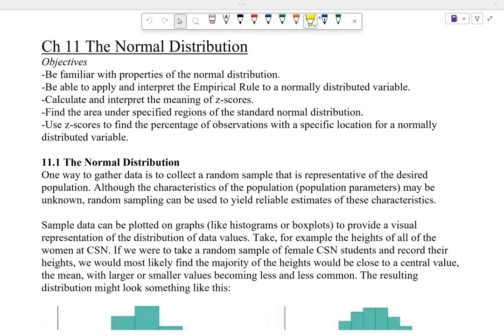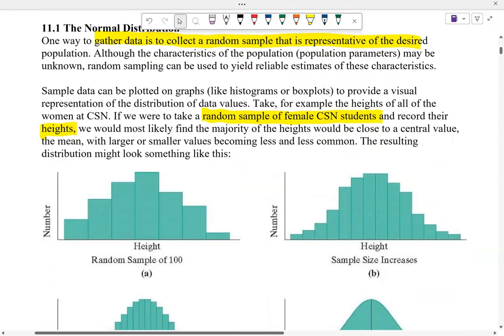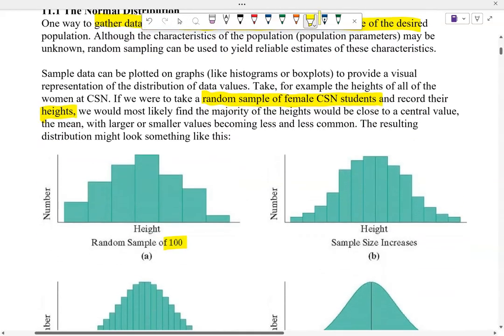So, one way to gather data is to collect a random sample as representative. For example, if you were to take a sample of female CSN students and record their heights, maybe if you took a sample of 100, it might look like that.